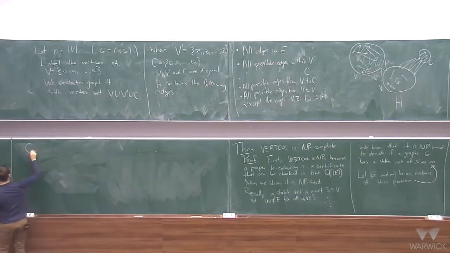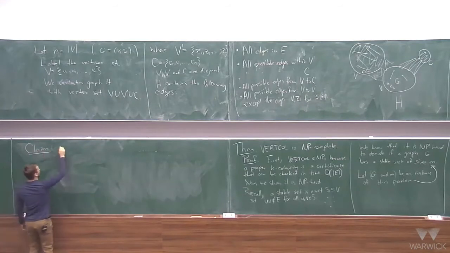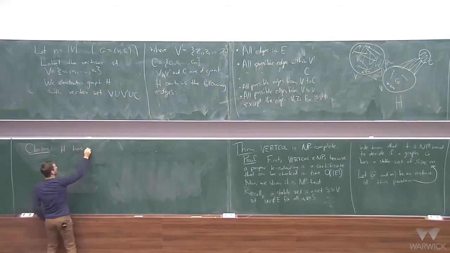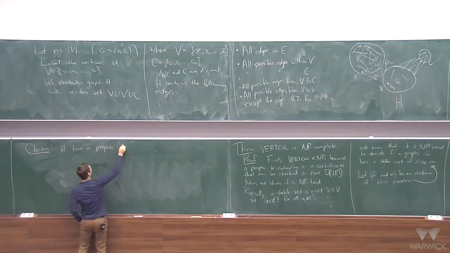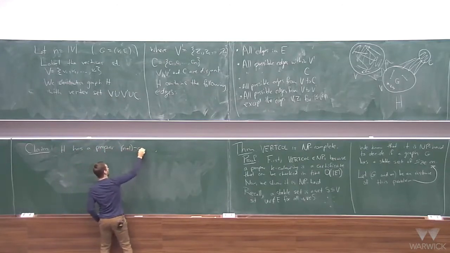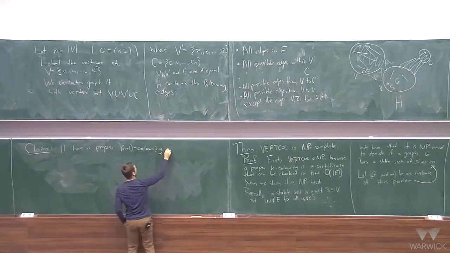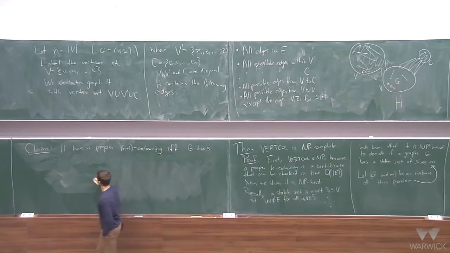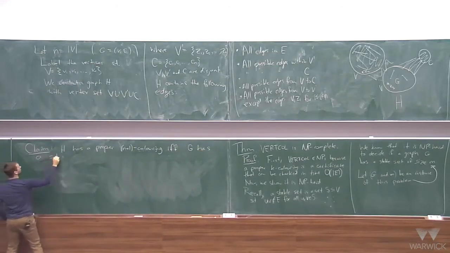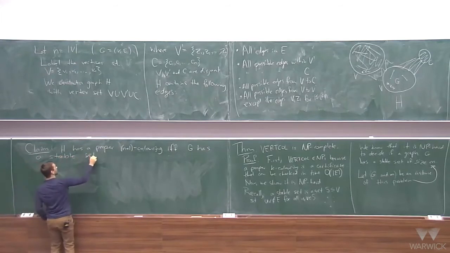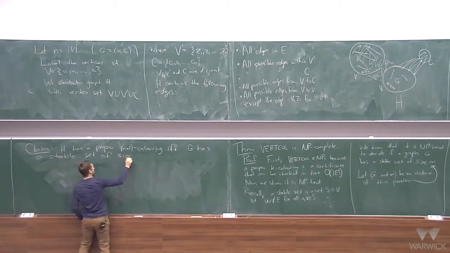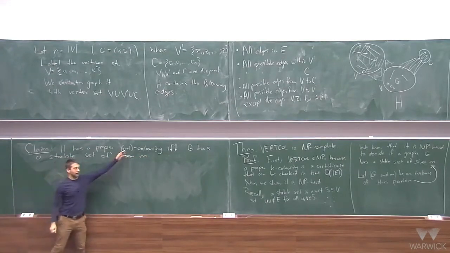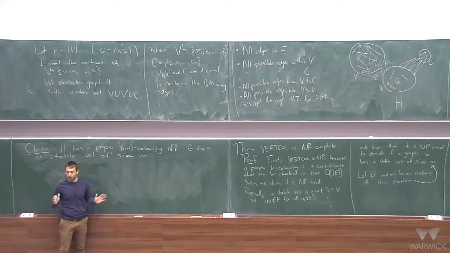So what I claim is that H has a proper m+1 coloring if and only if G has a stable set of size m. And so in some sense, n+1 is going to be kind of the value of k in the vertex coloring problem. But we're sort of free to choose that.